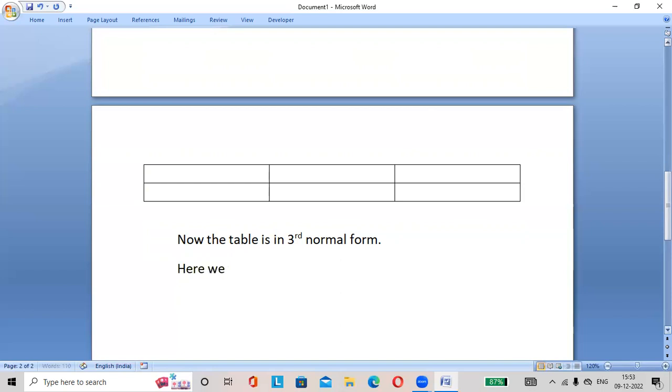Here we are storing more information. And the table is in third normal form.